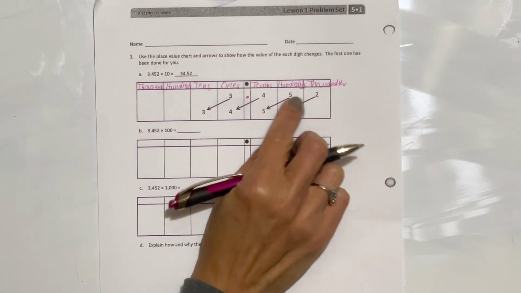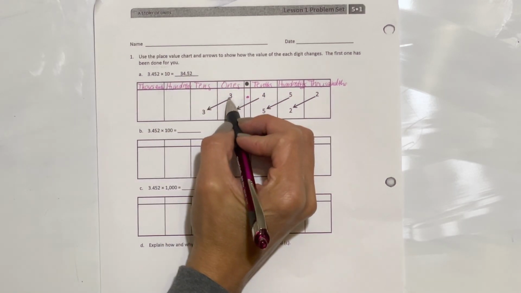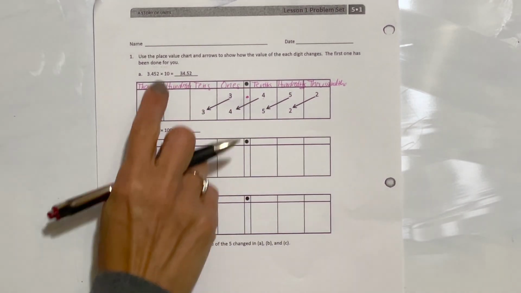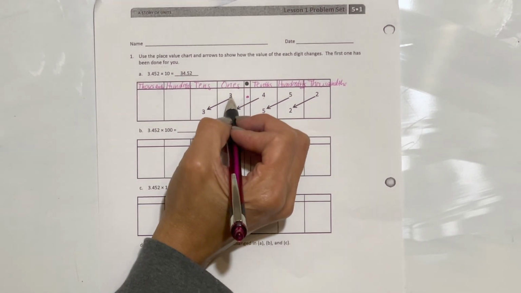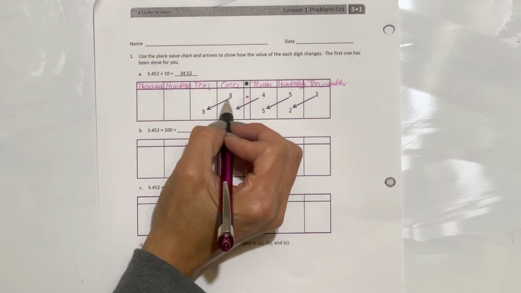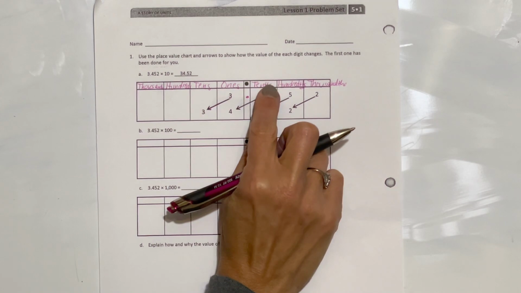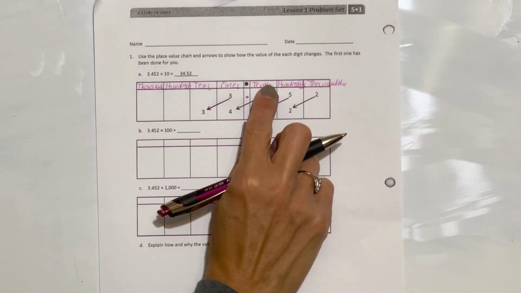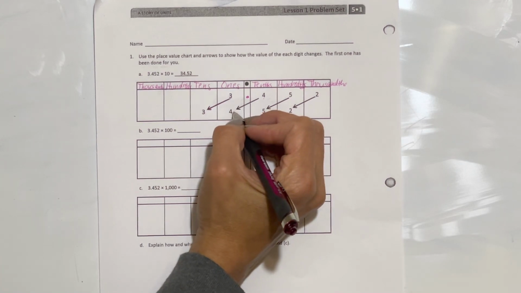That's my original number. Now, when they shift, they're going to shift 1 place because when you multiply something times 10, it moves only 1 place. So the 3 that is in the ones, when we draw that arrow, it moves to the tens. The tenths move 1 place to the ones, and it's shifting this direction because it's getting bigger.